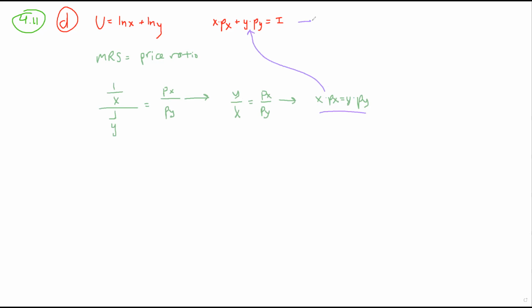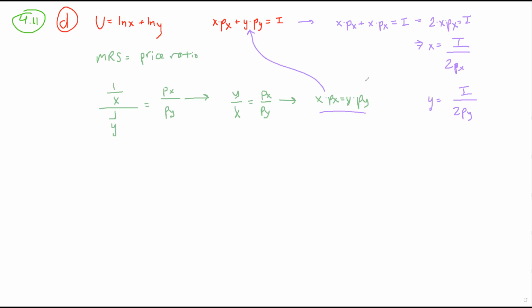So I get x times price of x plus x times price of x equals I. This gives me 2 times x times price of x equals I, which means when I solve for x, I get x equals I over 2 price of x. In a very similar fashion, y will equal I over twice price of y.